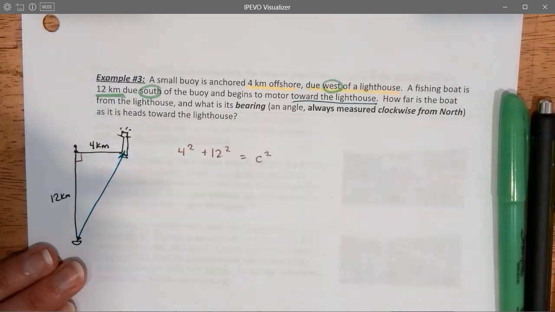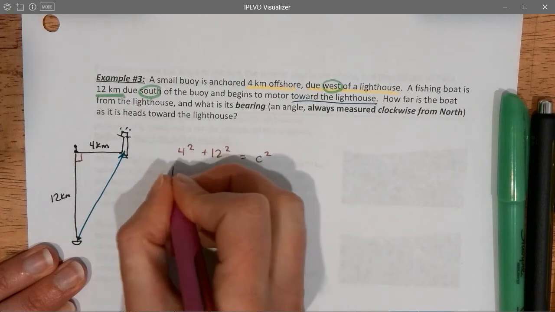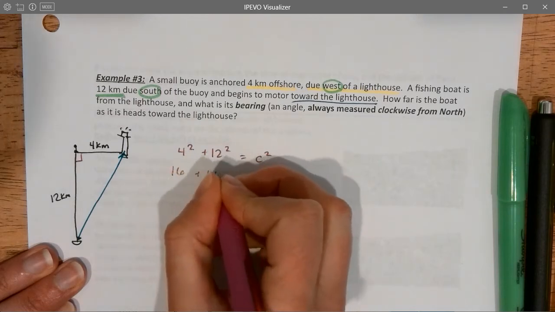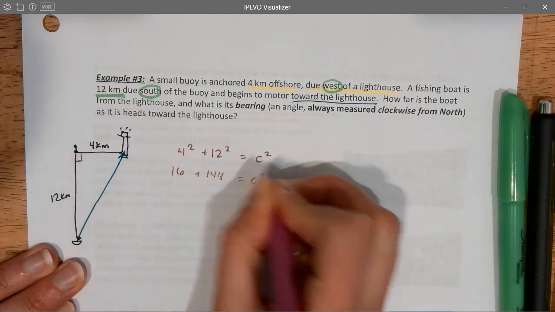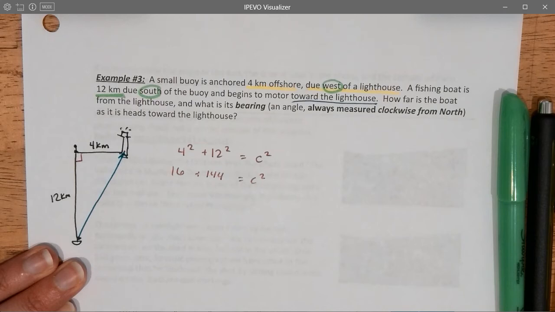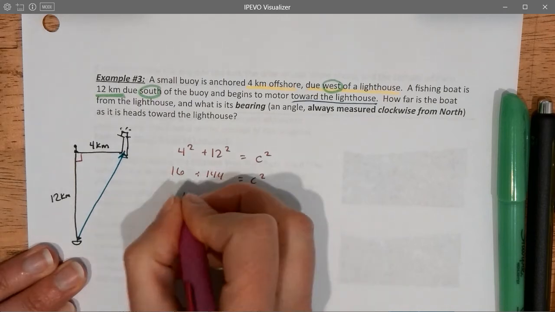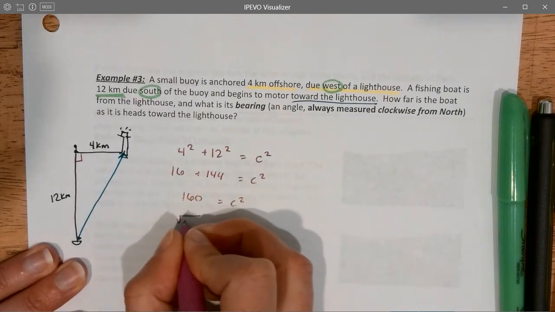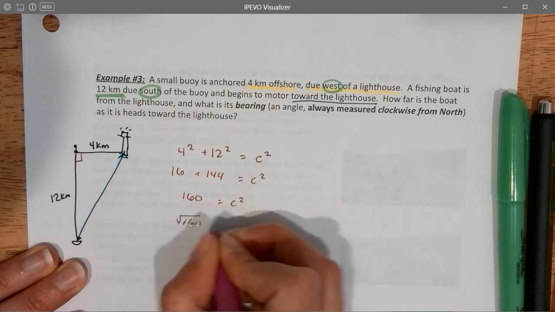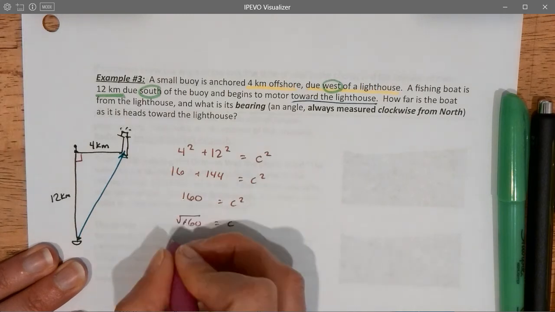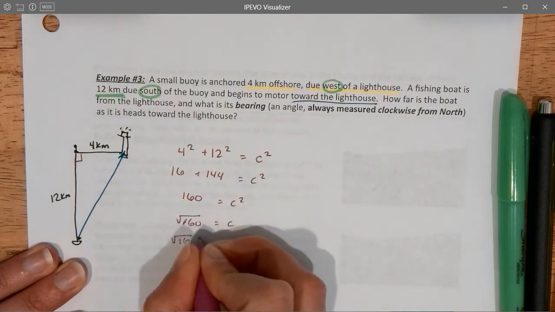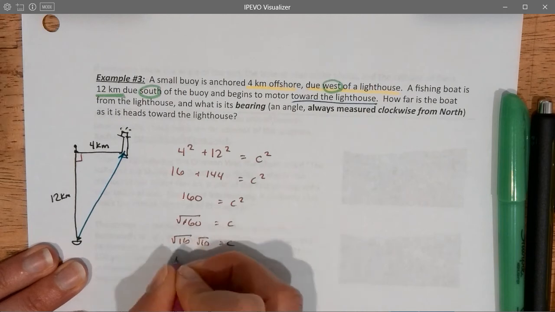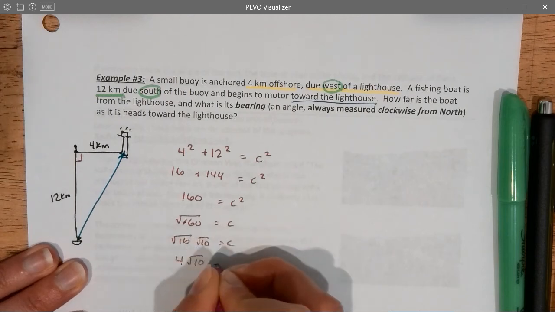We know that 4 squared is 16, plus 12 squared is 144. So that gives us 160 for c squared, and if we take the square root of 160, we get c, and that separates into square root of 16 times square root of 10. So I have 4 square root of 10 for c.